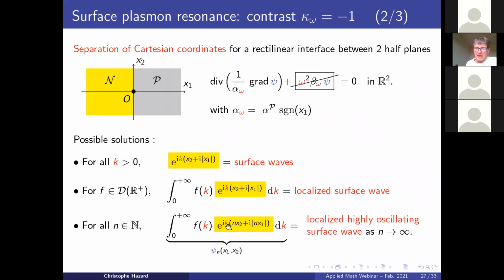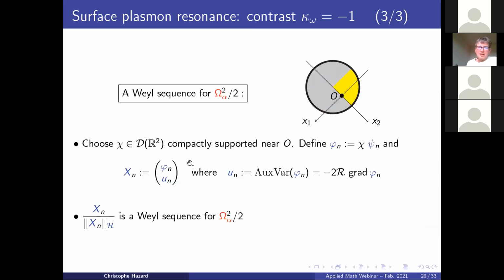If I denote by psi n my function here, I use that phi n for constructing various sequences in a very simple manner. You choose your origin on one point of the interface between the negative and the positive material. You choose x2 along the interface, and you just truncate that psi n by a smooth function which is compactly supported in a small vicinity of 0.